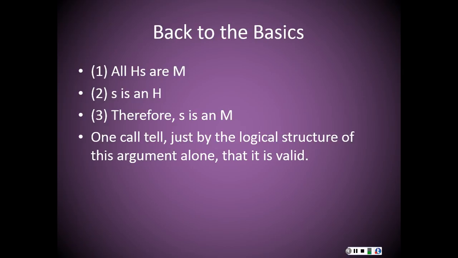One can tell that it is valid if all one knows is that H and M stand for meaningful predicates and that S stands for a name. Knowing those things, one doesn't have to know which predicates H and M stand for or what name S is. One can simply tell that any argument that has this structure is valid.